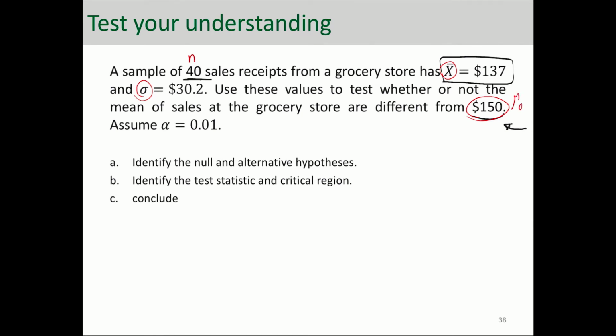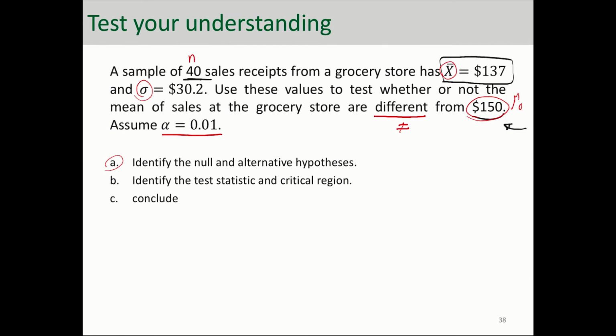What this question is asking is whether mean sales at the grocery store are different from 150. When it says different from 150, that means we don't care if it's more than or less than. Different means not equal to. And the alpha is also given.